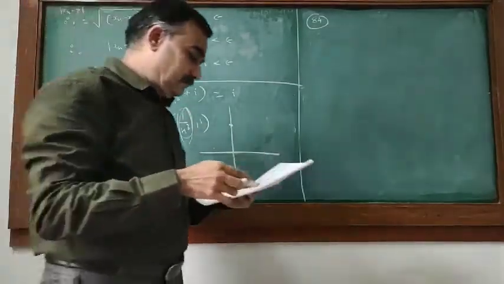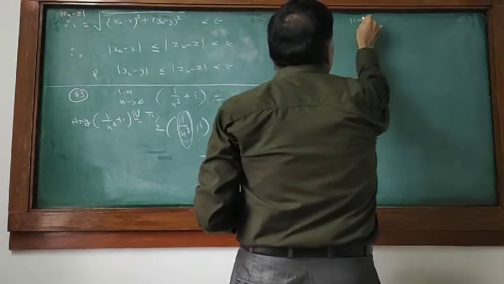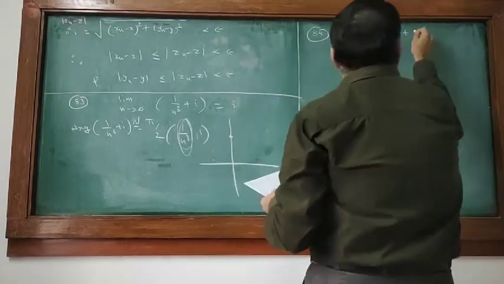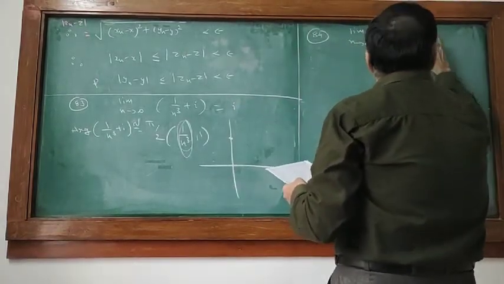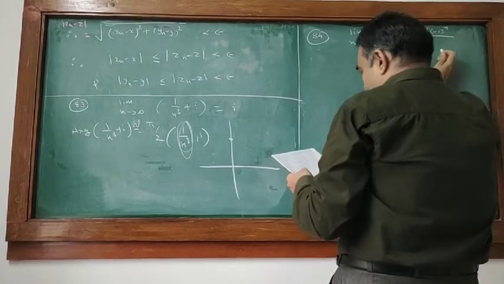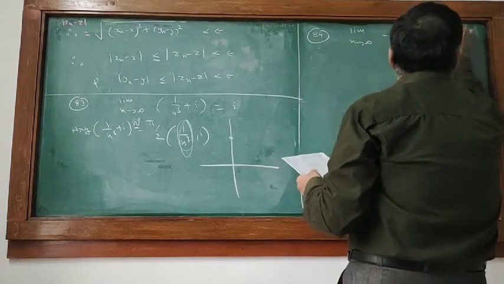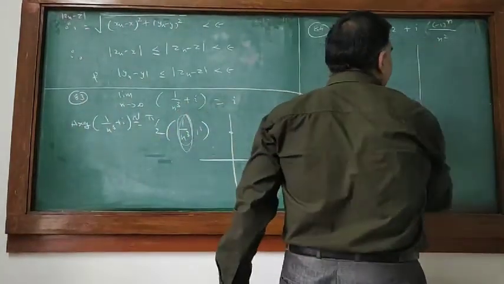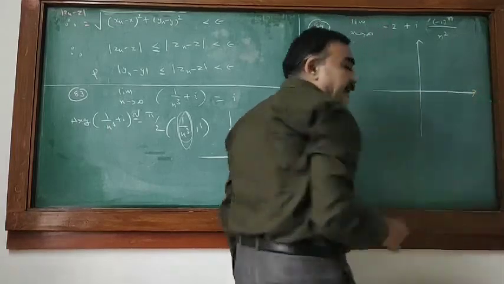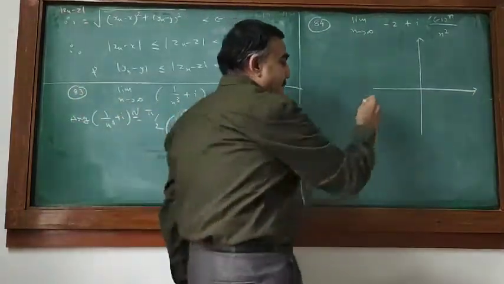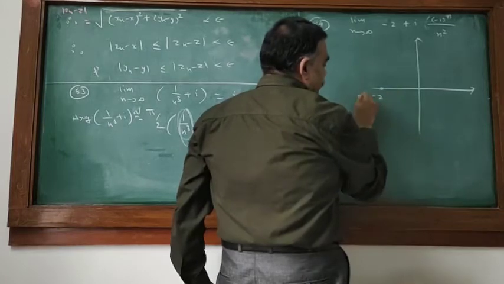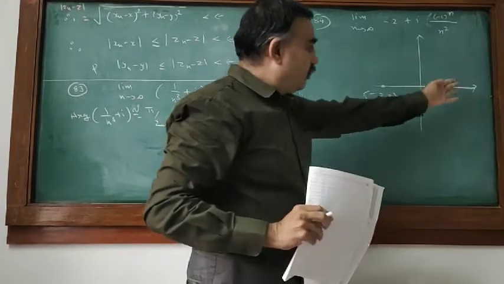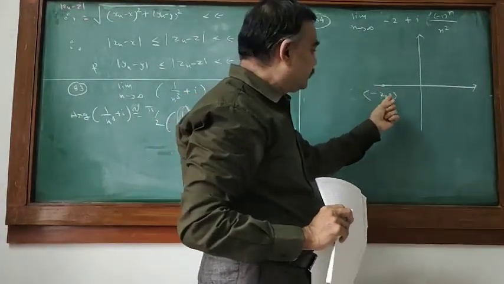In 84, the limit as n tends to infinity of minus 2 plus i times (minus 1) raised to n upon n squared. So, in R2, this is minus 2, on the negative x-axis, (minus 2, 0).